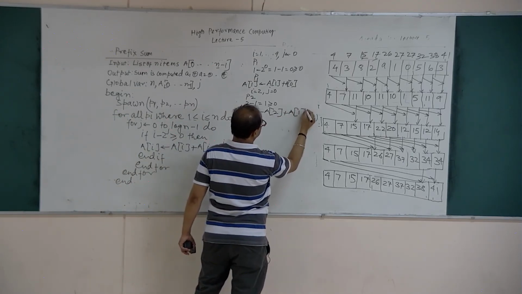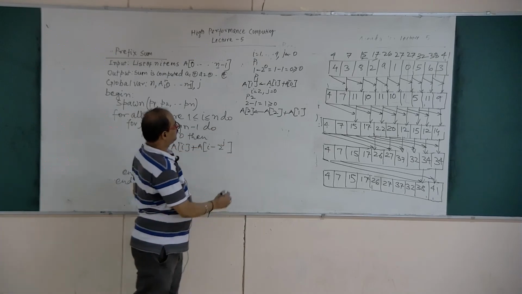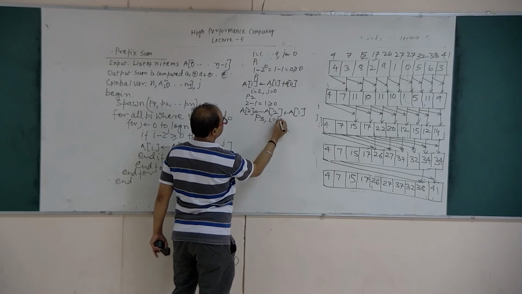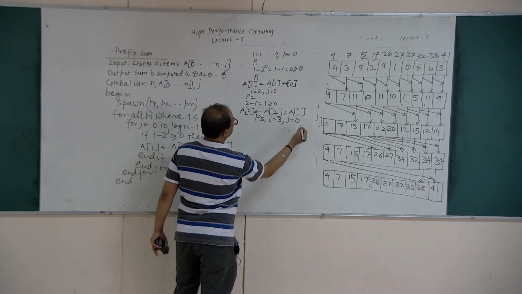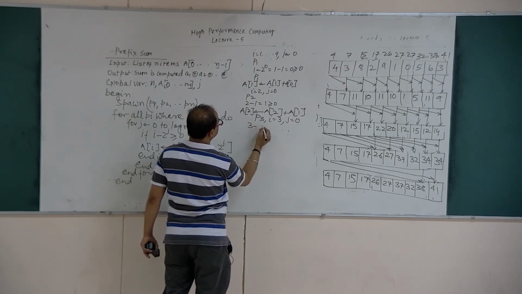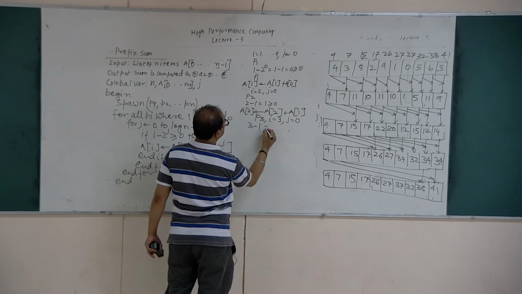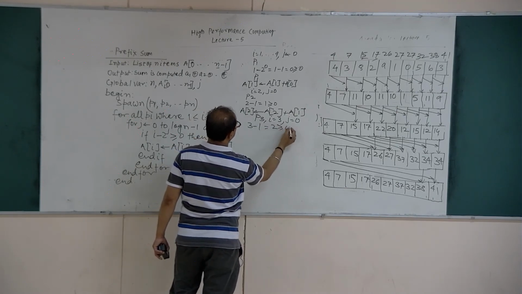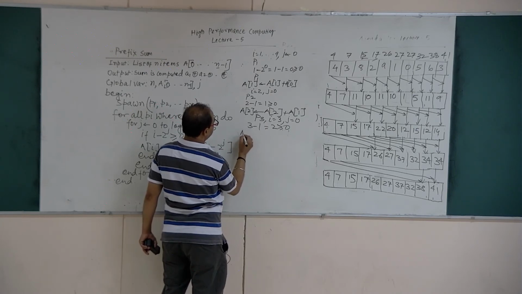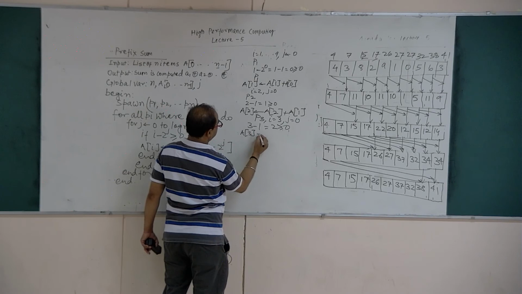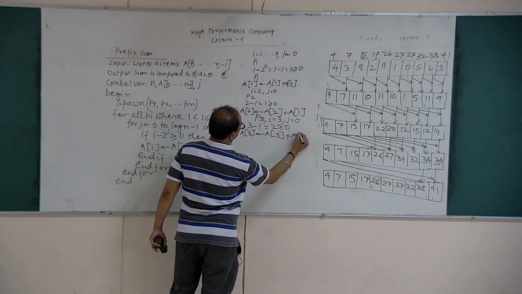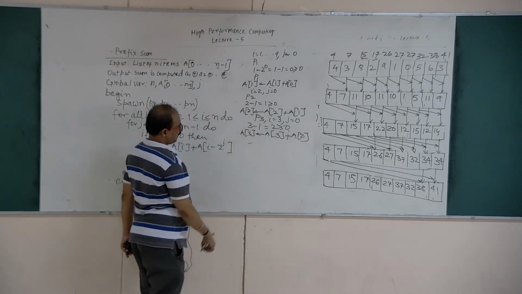Is it clear? Next P3, where the value of i is 3 and j remains the same. 3 minus 1 is 2, and it is greater than 0, so P3 will add at location A3 the value of A3 plus A2. So going on, you can check it and clear it.